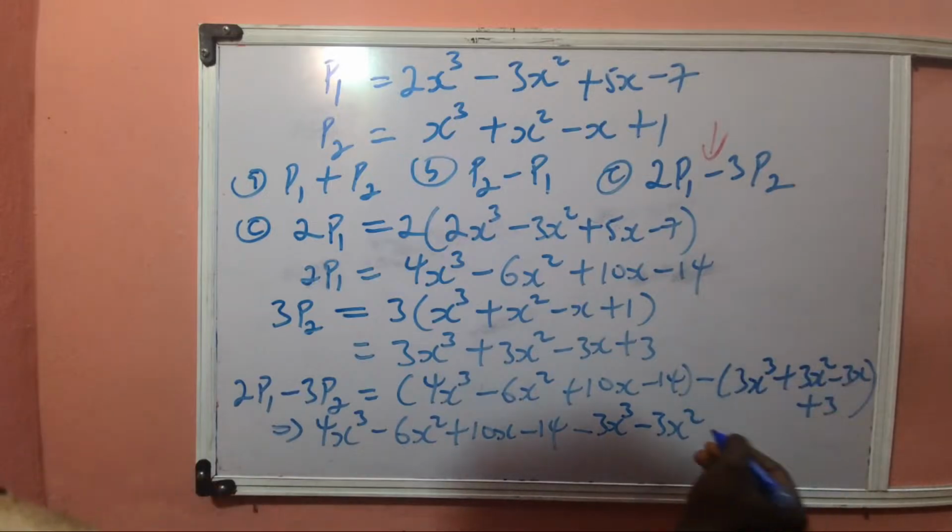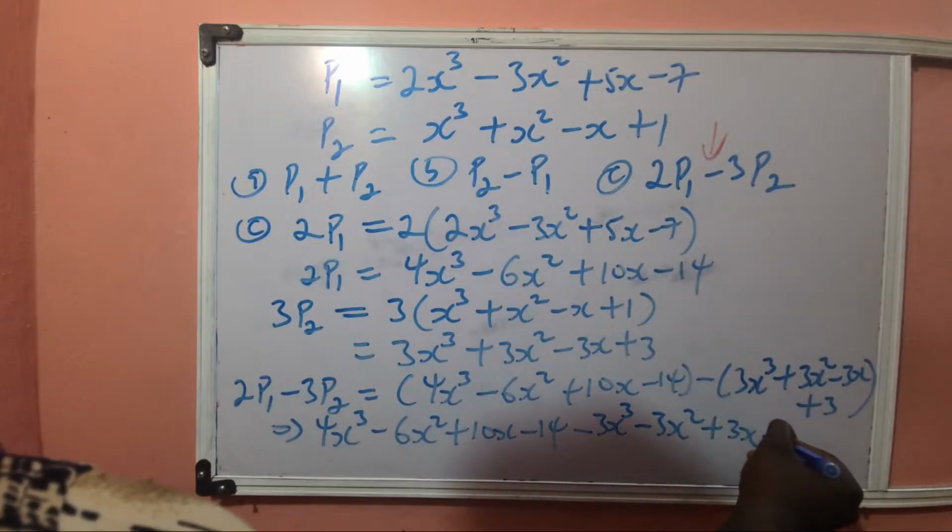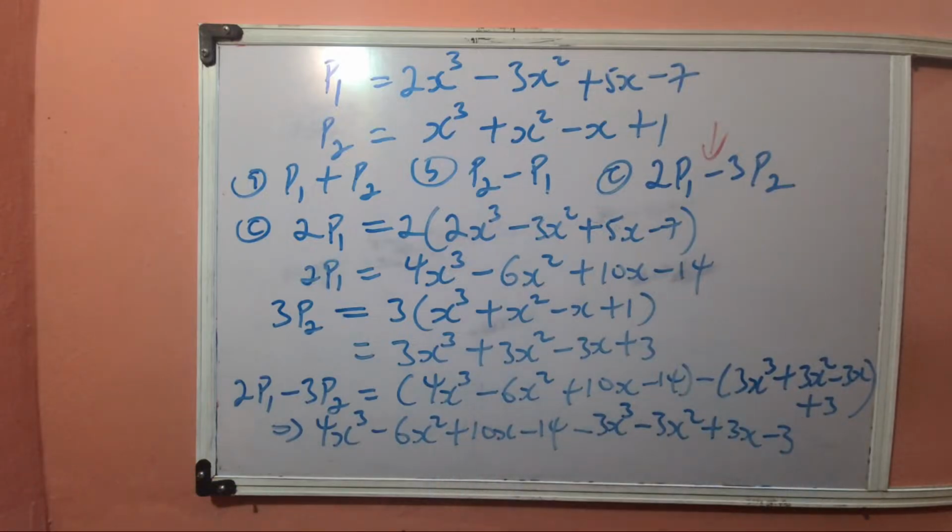Then minus times minus, I have plus 3x. Then minus times plus, I have minus 3. All right. So you can see the importance of having your bracket. Very, very important when dealing with polynomials. All right. So what do you have as your final result here?